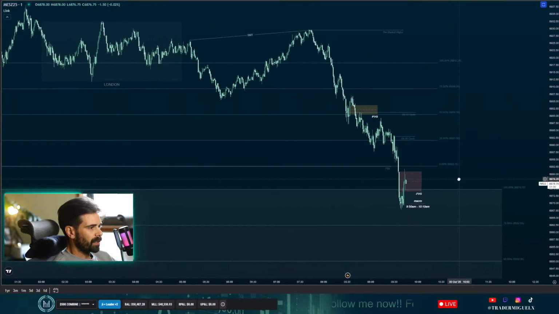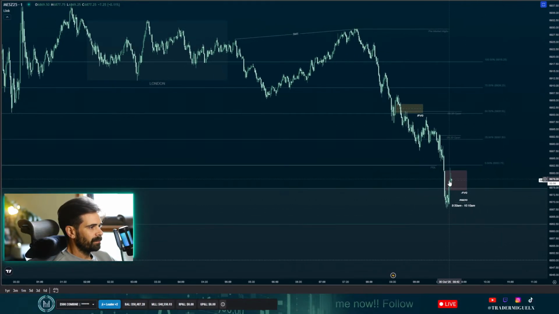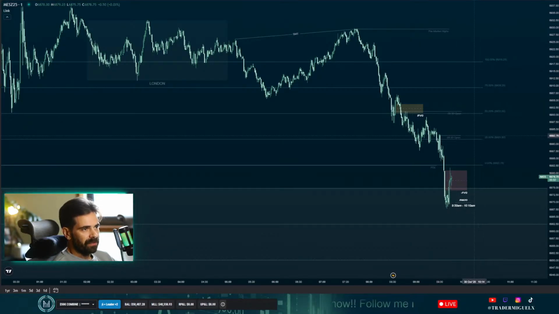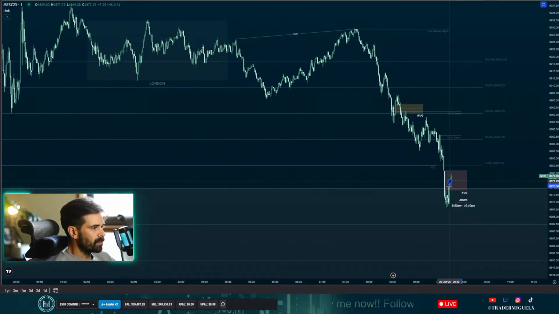We kind of reacted to the first quadrant here, but I accept a lower drive on price if it has to. So a small fair value gap here.